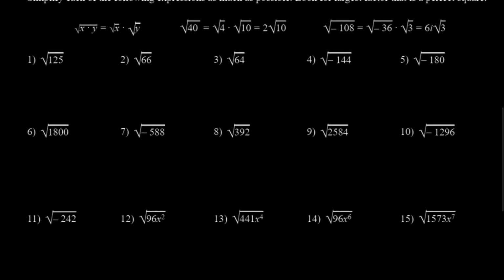When we are simplifying radicals, we are not asking you to put these into our calculator, right? I'm not asking you to put square root of 125 in your calculator and give me a decimal. No. When I ask you to simplify radicals, what I want is whole numbers. I need this in simplest terms with whole numbers. No decimals here.